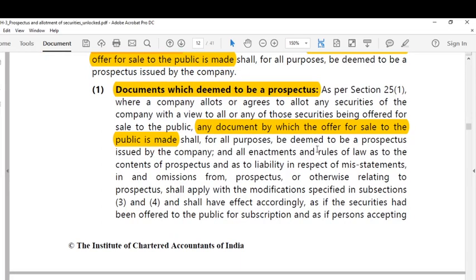And there are certain documents which are deemed to be the prospectus.